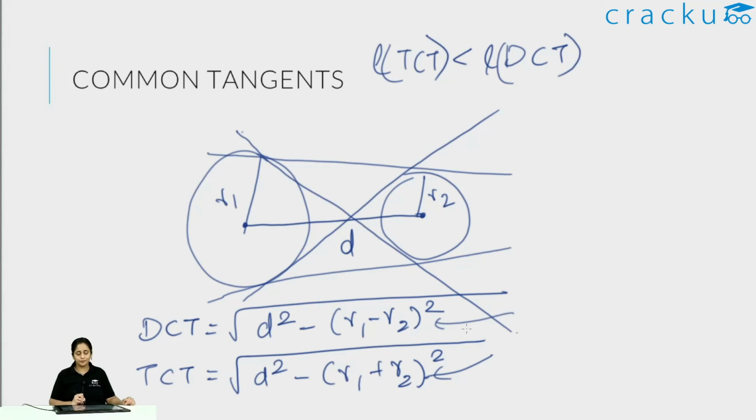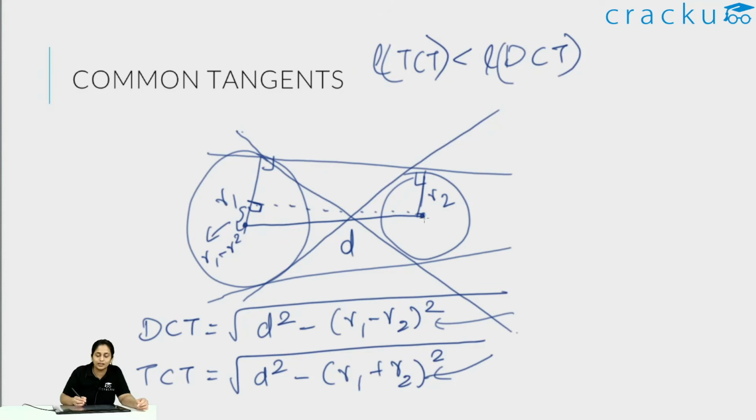In case you are wondering how this actually comes about, the derivation is pretty simple. This comes from the fact that this is 90 degrees, this is 90 degrees. If I draw a parallel line over here, this is also 90 because it's a parallel line. What is this length over here? This is R2, this is R2, this is a rectangle. So this becomes R1 minus R2. D is the hypotenuse of this right angle triangle.